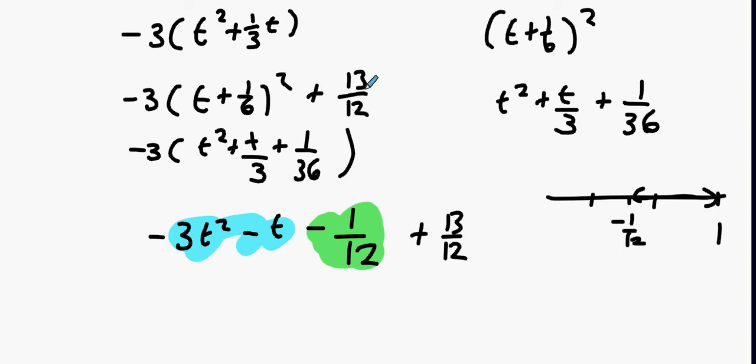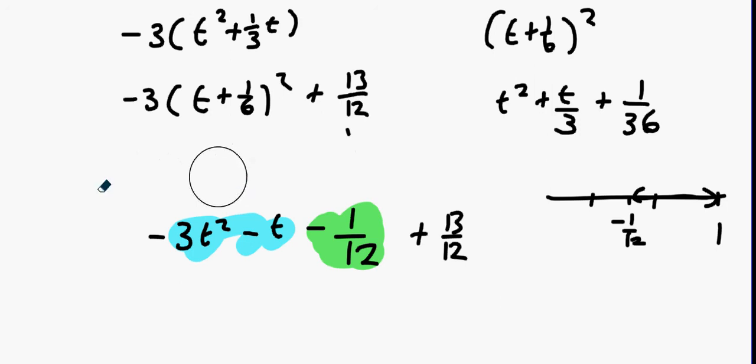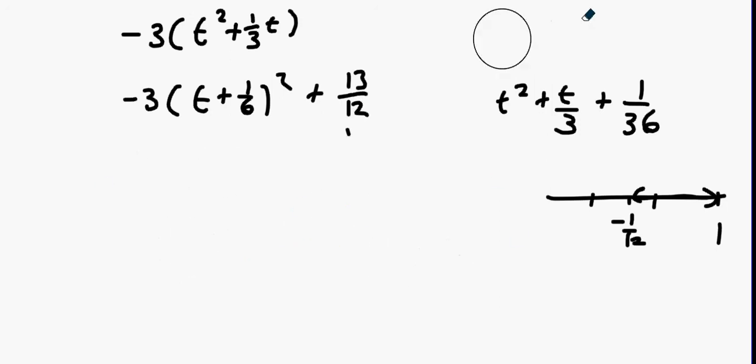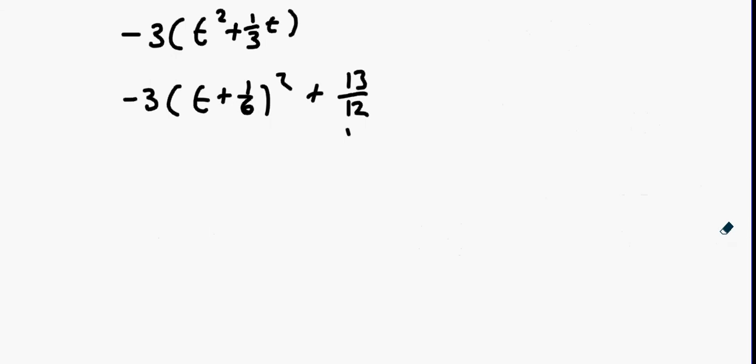That one there? Okay. Now, I'm going a bit more in depth than I should. You guys were just asked to solve the equation, weren't you? So what's solving the equation? Put it equal to 0, then what do you do? Minus 13 over 12, yeah?